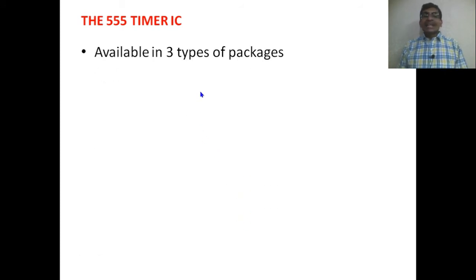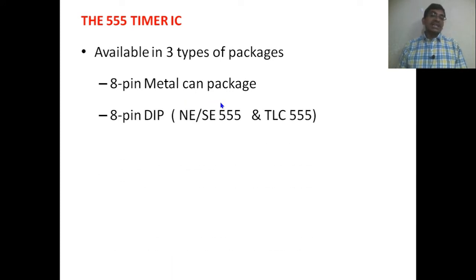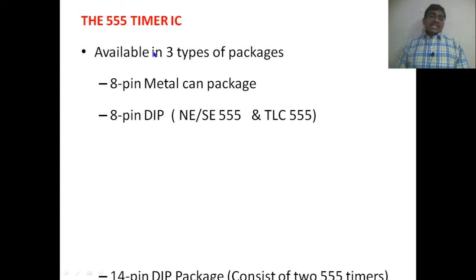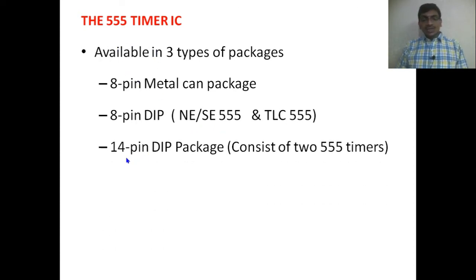It is available in three types of packages. One is the 8-pin metal can package, which is also called the TO package, and the 8-pin DIP package, which is called the mini DIP package. The part numbers of this IC are NE555 and TLC555. Both are 555 timer ICs only. It is also available in a 14-pin DIP package, which consists of two 555 timers.